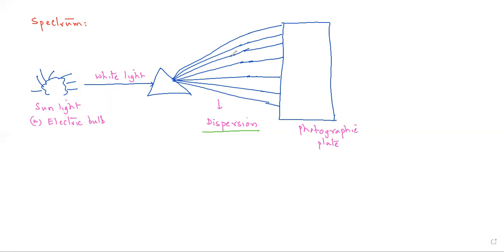They spread side by side on the photographic plate without any gap. At the same time, they do not merge. They do not mix up with each other. Means without any gap, but at the same time, they do not merge with each other.